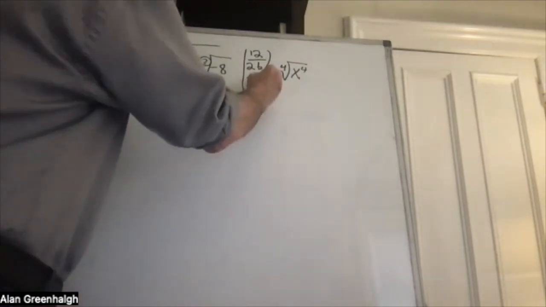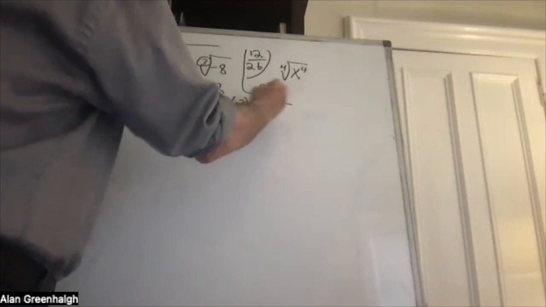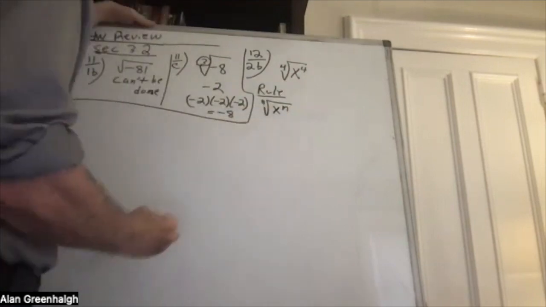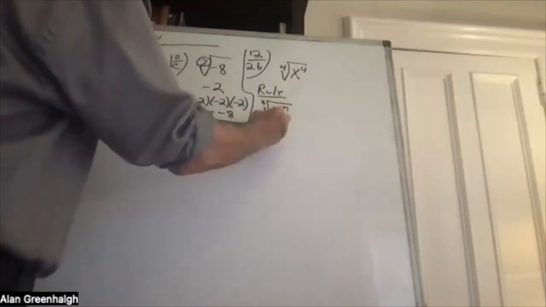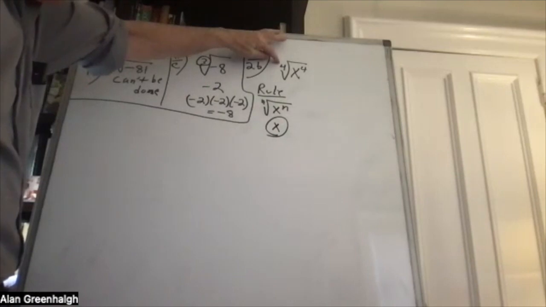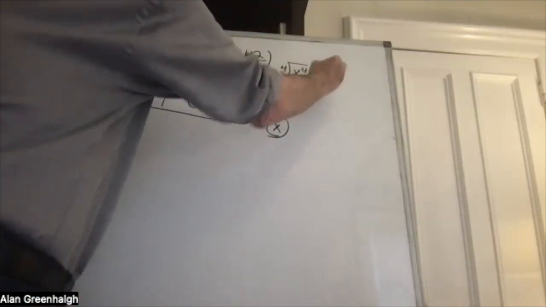The rule is, the nth root of x to the n is equal to x. So the fourth root of x to the fourth is equal to x.